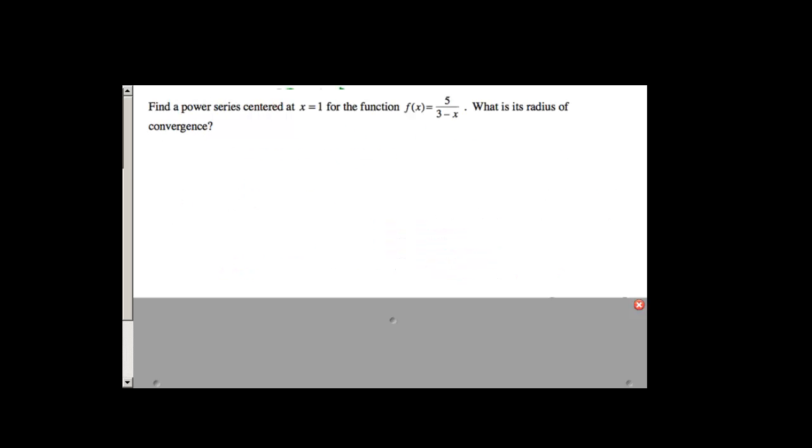Okay, so now find a power series centered around x equals 1 for the following function. All right, well, let's think about what we know. If it's going to be centered around x equals 1, we know that we need to rewrite our problem as f of x equals 5 over 3 minus x.